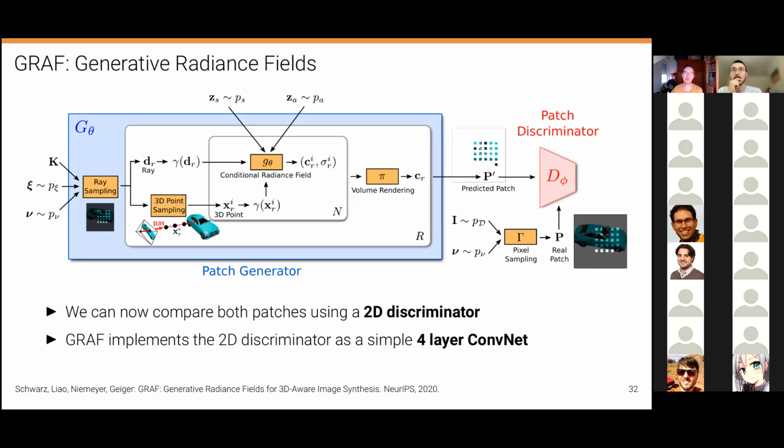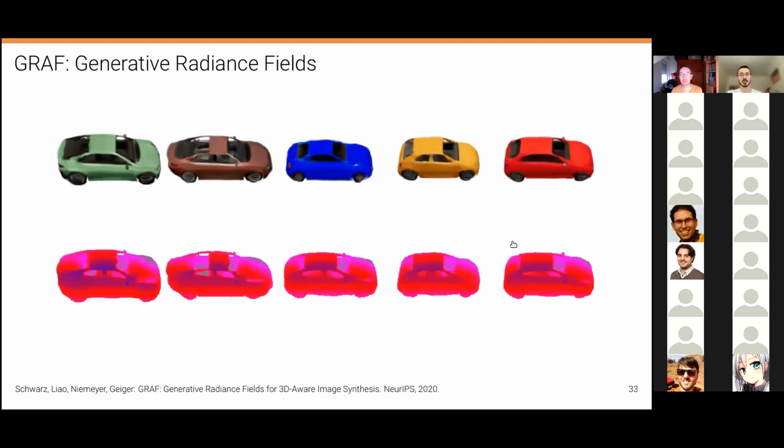It's just a few convolutional layers because these patches, in this illustration, are 5 by 5, but in practice, we use 32 by 32. It's really just a convnet that operates on 32 by 32 patches at all times, independent of the actual image resolution or the capacity of the neural network, because we always render these 32 by 32 patches. So it's a simple 4-layer convnet in this case.